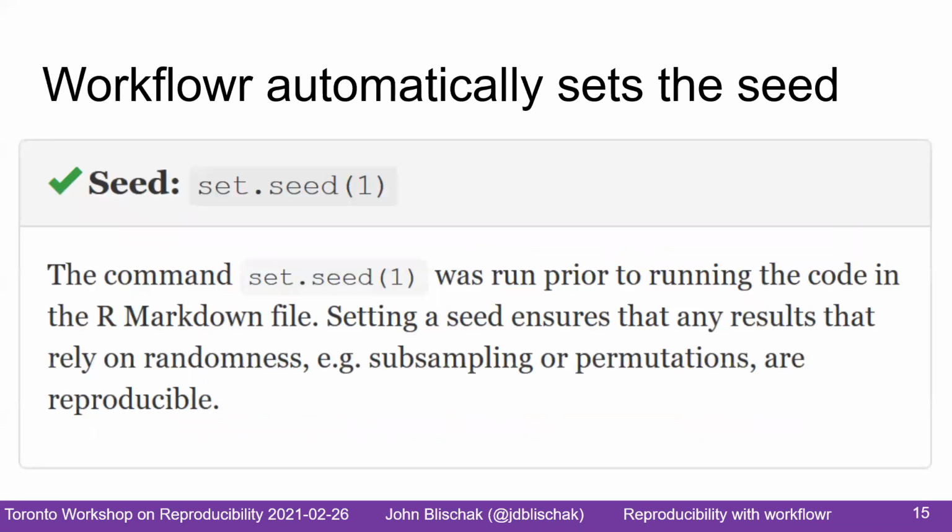Another thing is setting the seed. This is something I had been using R for years before I even heard of. If you're doing a random procedure, like say a permutation p-value or a bootstrap or anything like that, obviously you want to run it a couple of times to make sure it's robust.